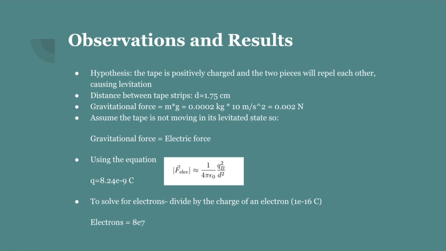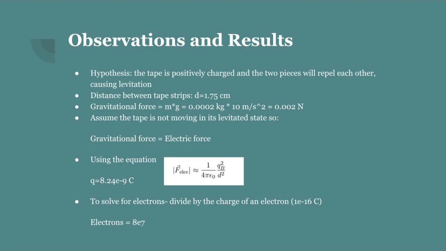Then I moved on to calculating the charge on the piece of tape by using the distance that I measured between the two tape strips while levitation was occurring. That distance then needed to be converted into units of meters.